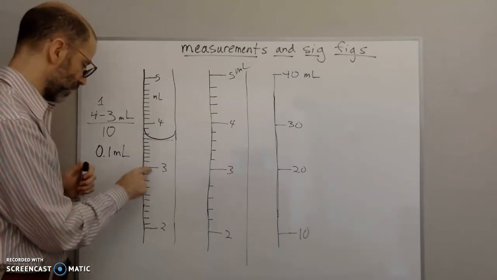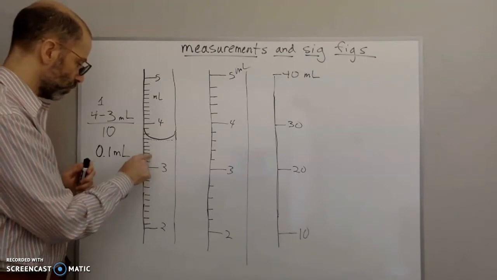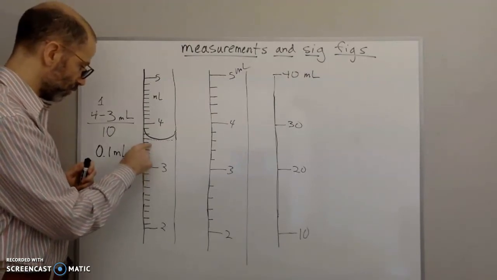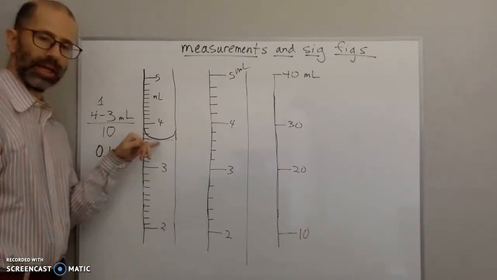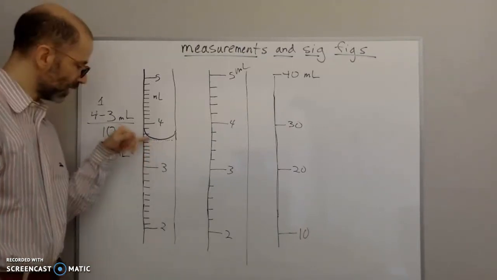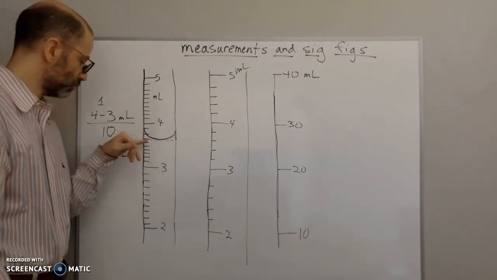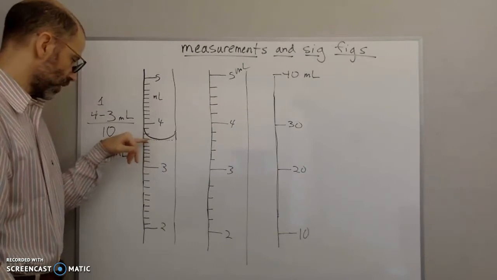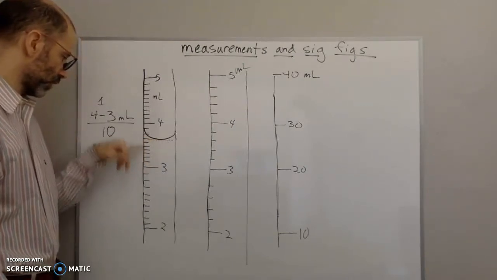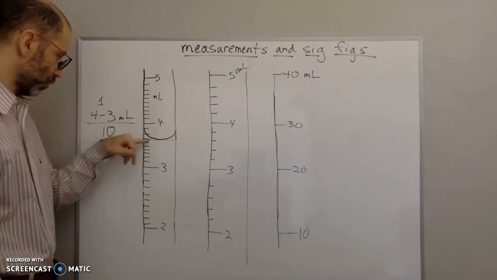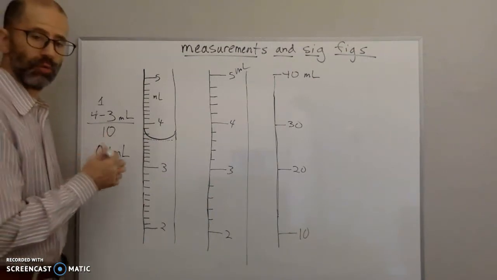If I am at 3, then it's 3.1, 3.2, 3.3, 3.4, 3.5, 3.6, and I have 3.7. Now, if I'm looking at eye level and the bottom of the meniscus looks like it's above the line here, that would be 3.7. So 3.7 would be known for sure.